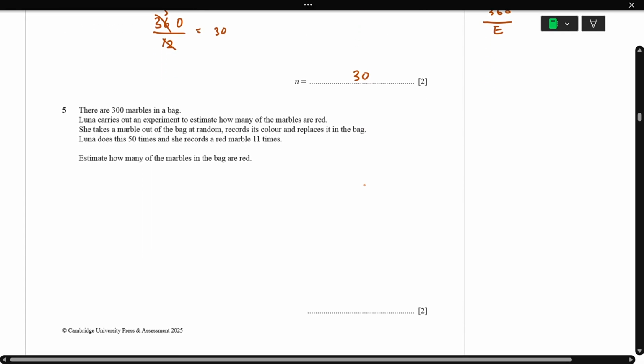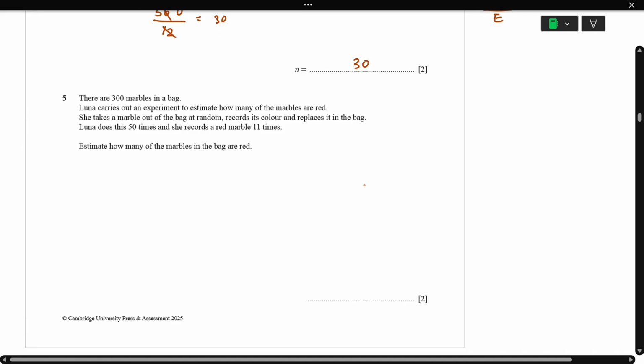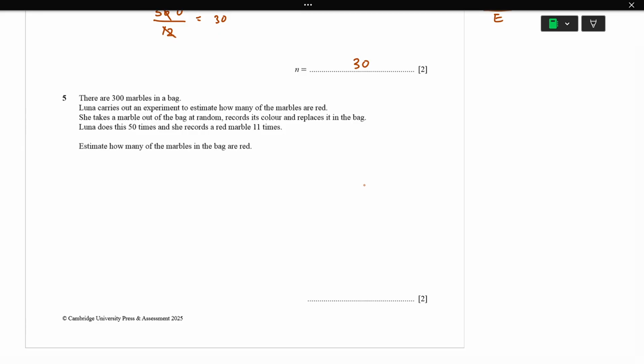Okay, next, there are 300 marbles in a bag. Luna carries out an experiment to estimate how many marbles are red. She takes a marble out of the bag at random, records its color, and replaces it in the bag. Luna does this 50 times, and she records a red marble 11 times.